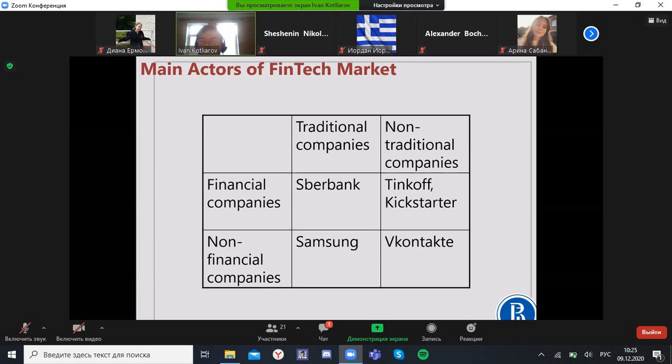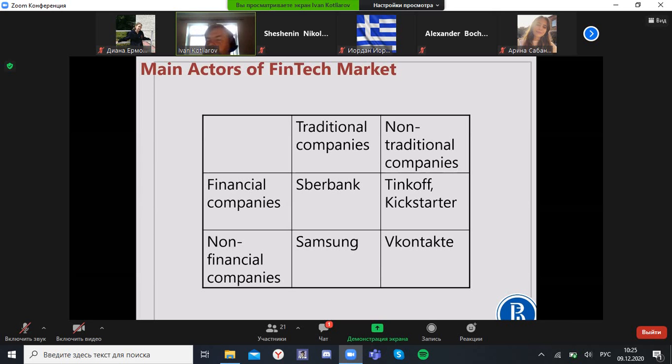As you probably know, guys, this social network is now offering financial services. So you can send payments via VKontakte. You can obviously receive payment. You can start a crowdfunding campaign on VKontakte, etc. So this social platform is also active on the financial market.